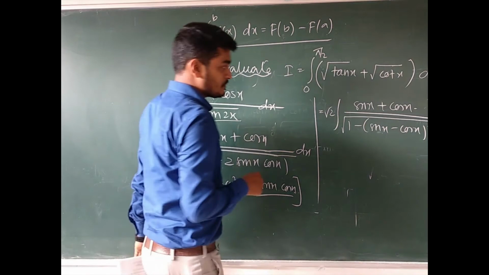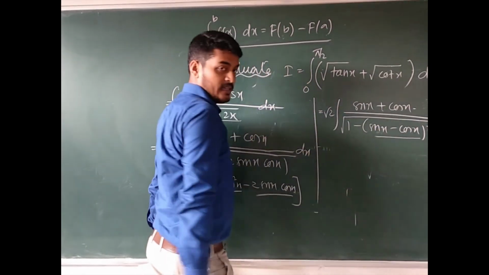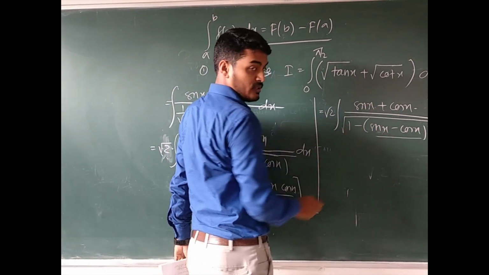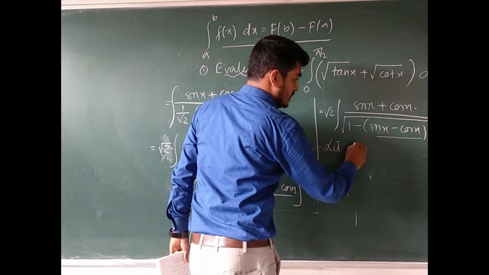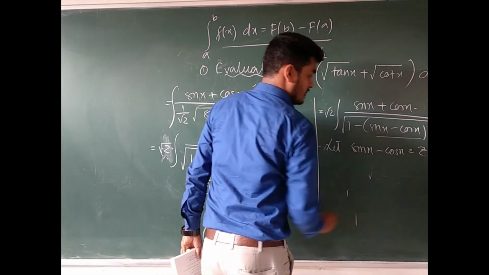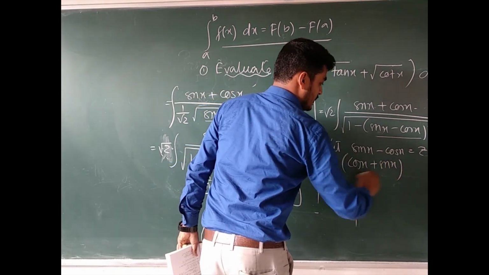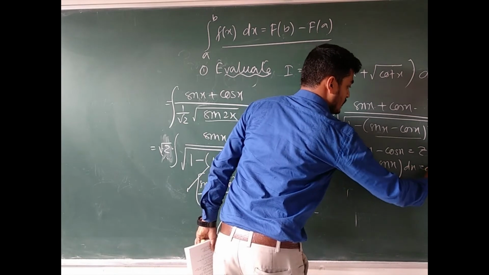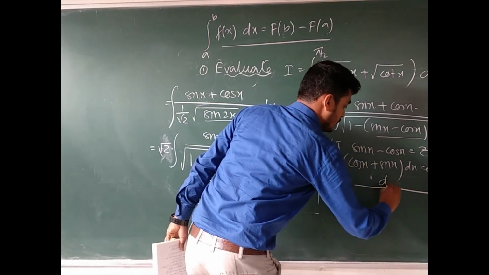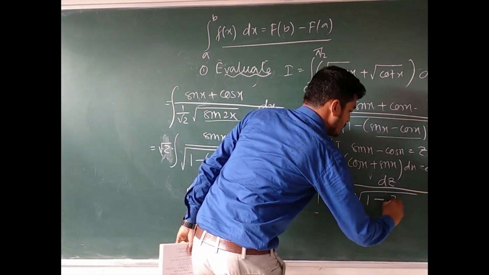Now if we consider this expression as z, then the derivative of this one is this one only. Let sin x minus cos x equal to z, so the derivative is cos x plus sin x dx equal to dz. Therefore the numerator will convert to the form of dz and the denominator will convert to 1 minus z square.